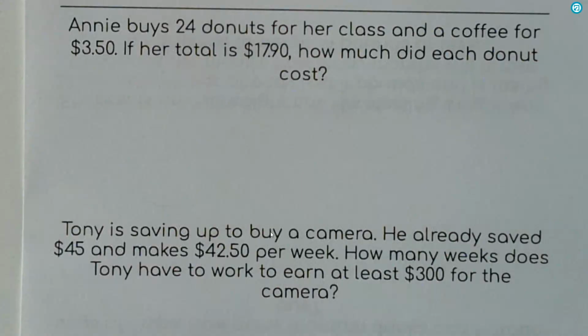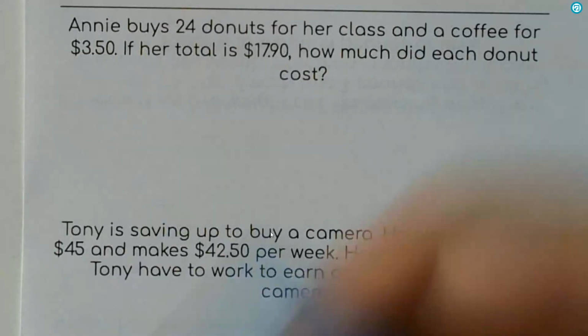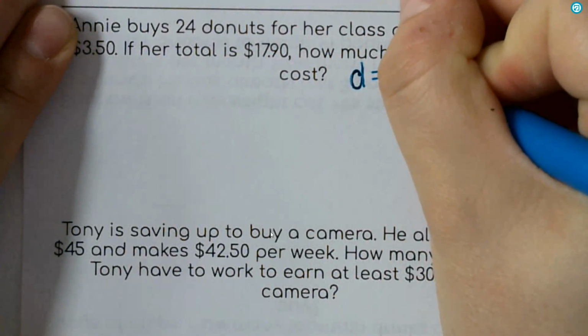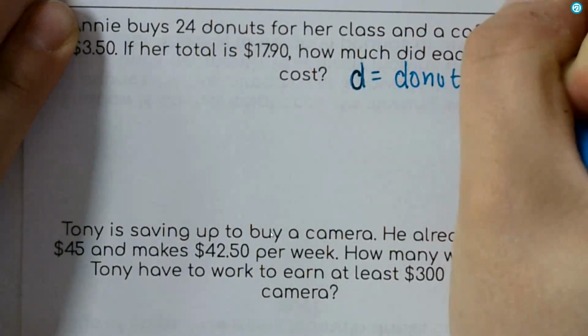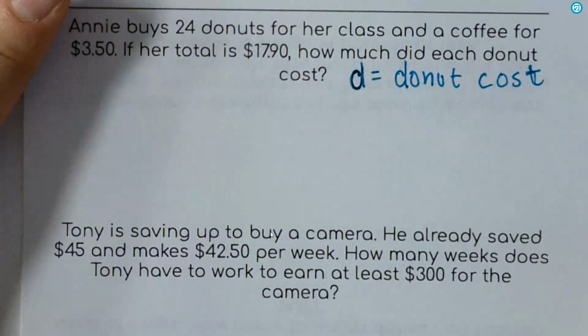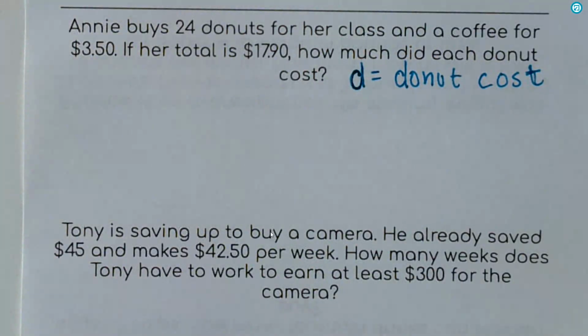What are we trying to figure out? How much money she spent on donuts? Not how much total money she spent on donuts. We're trying to figure out just one donut. So D is going to be the cost of one donut.